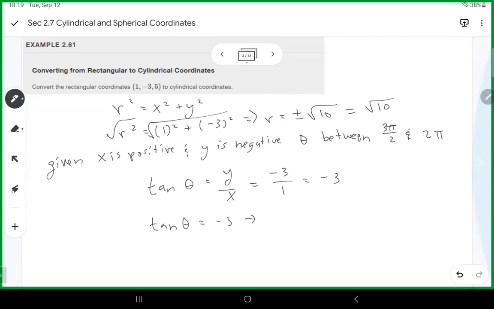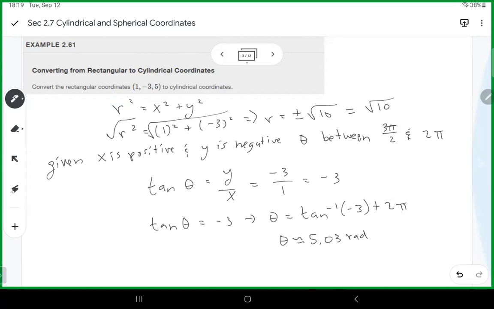So then you would have theta is equal to the arctangent of -3 plus 2 pi. So that gives you theta equal to roughly 5.03 radians. Okay.